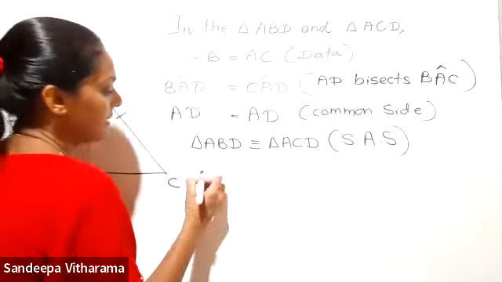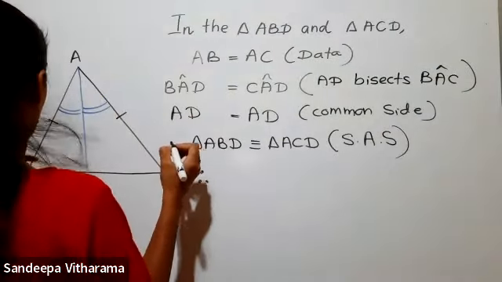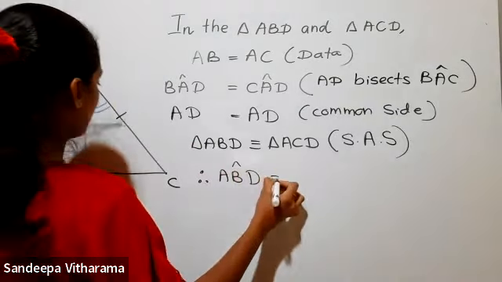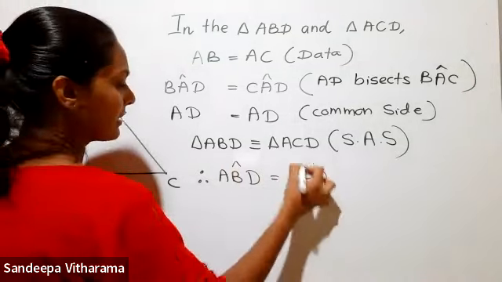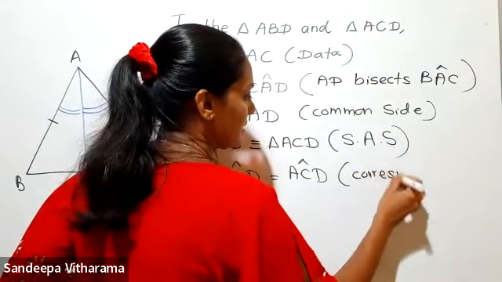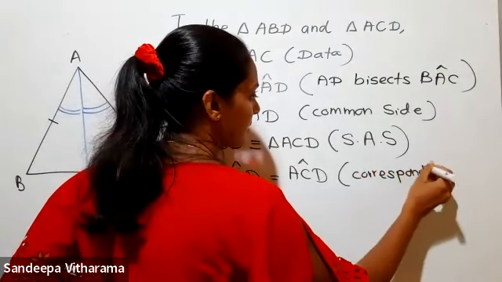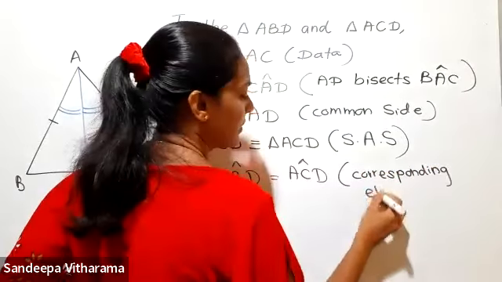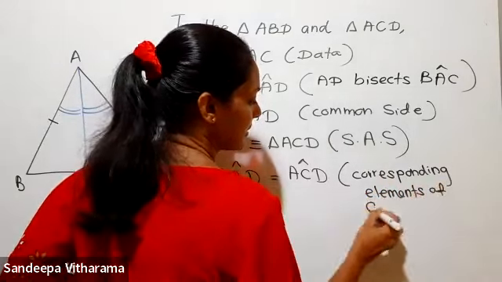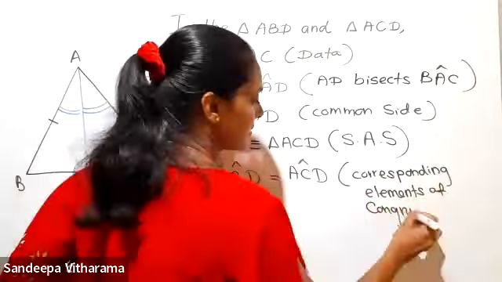Okay. Therefore, angle ABD equals angle ACD. Reason is corresponding elements of congruent triangles.